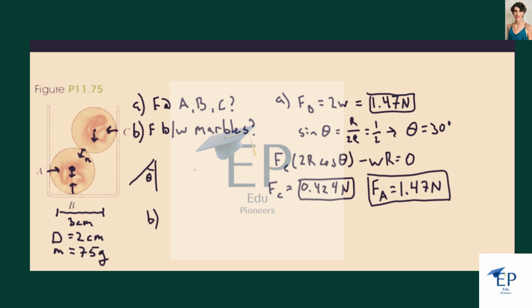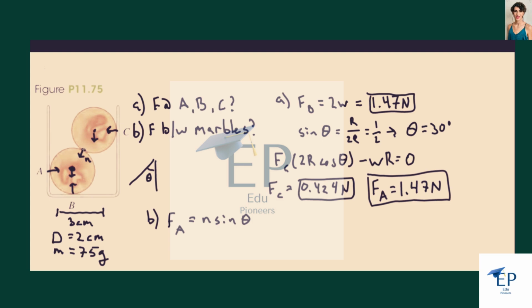Now for part B, we're going to consider the forces on the bottom marble. The horizontal forces have to add up to 0. So we have to have F sub A equal this normal force here times sine of theta, because we're only considering this marble now.